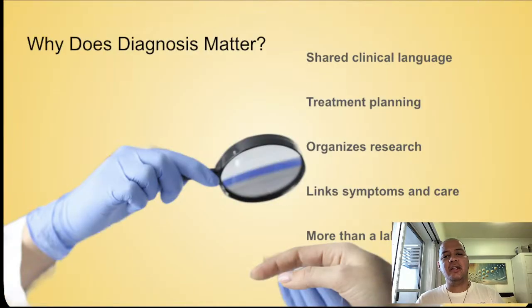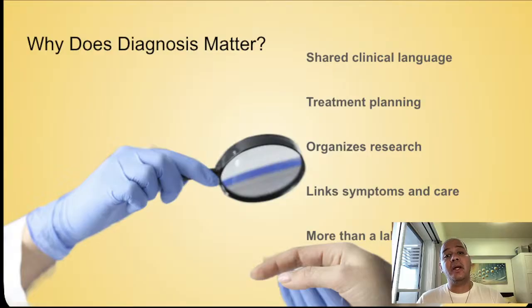So, why does diagnosis matter? Diagnosis matters because it gives clinicians una shared language. If one psychologist says a client has panic disorder and another professional reads that case, there is already a common framework for understanding the pattern of symptoms, likely risks, and possible treatment directions.